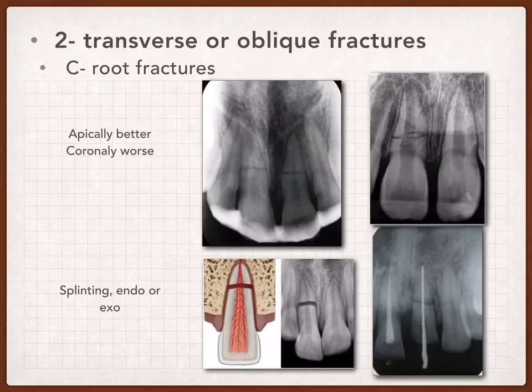The last case that we have here is the transverse or oblique fractures that occur in the root only, which is also known as Ellis class 5 fractures. You should know that the more apical the fracture is, the better the prognosis.